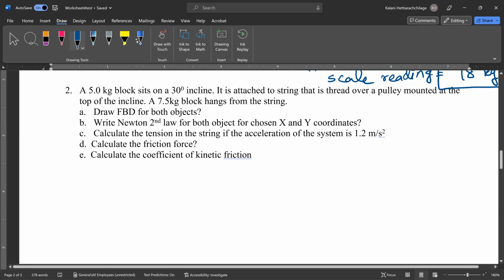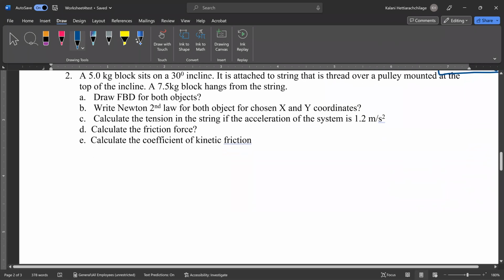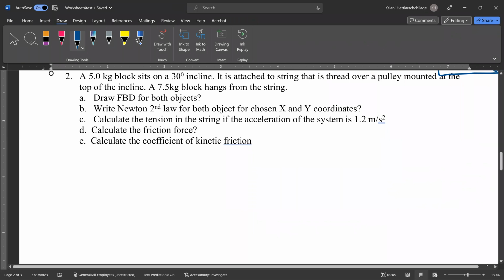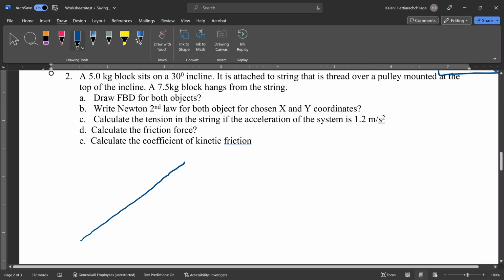Okay, so now let's draw it. You can draw the incline this way, or you can draw the incline this way, right? According to that, you need to follow your problem. Whatever you draw first, keep consistent with that.